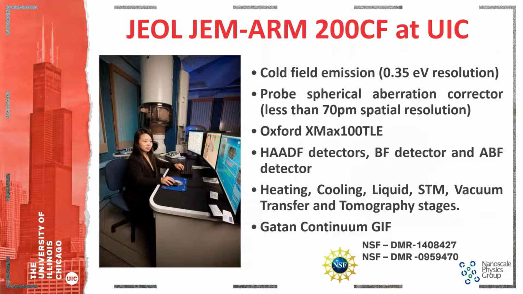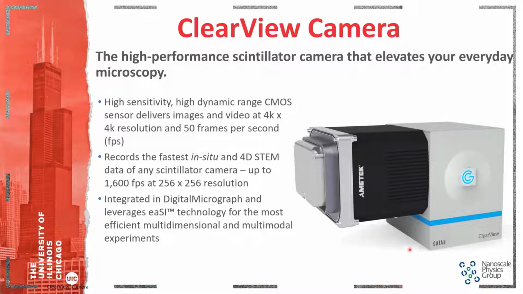Now, here are some details on the ClearView camera that we have been testing for a while now. This is a scintillator camera or a CMOS camera that can be used to take very high signal-to-noise ratio images, as well as videos at a 4K resolution and 50 frames per second for faster in situ and bin acquisitions.